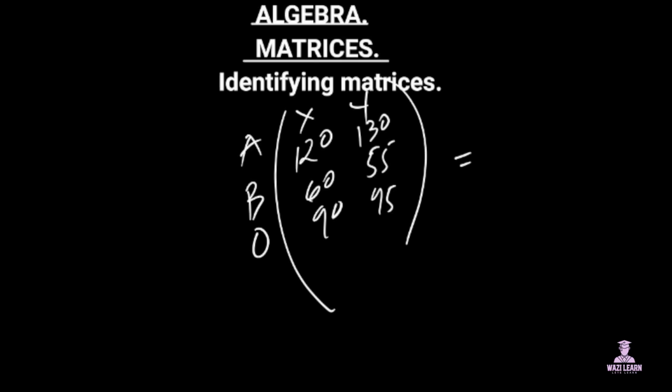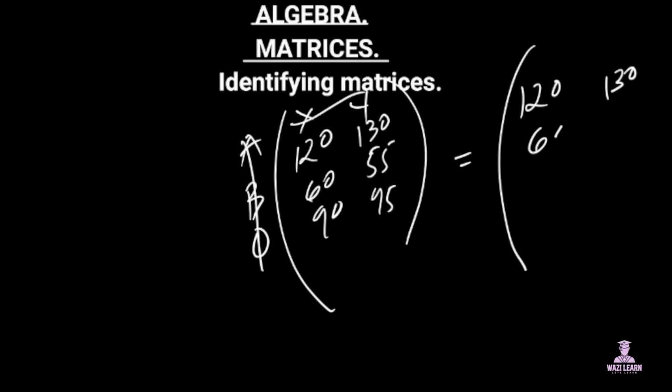In matrix form there are no labels, so it will be 120, 130, 60, 55, 90, 95. That is our information in matrix form.